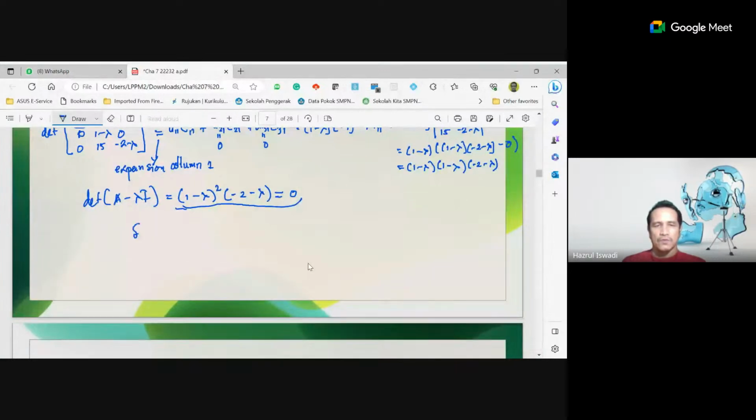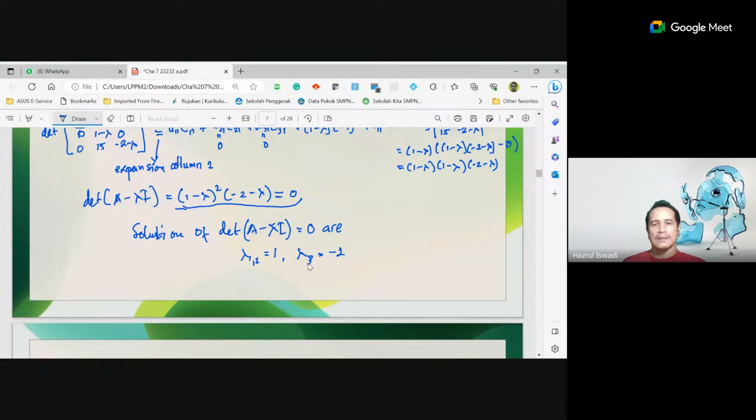The solutions of the determinant of A minus lambda I equals 0: there are three. Lambda 1 and 2 are repeated with the same value 1, and the other, lambda 3, is equal to minus 2.